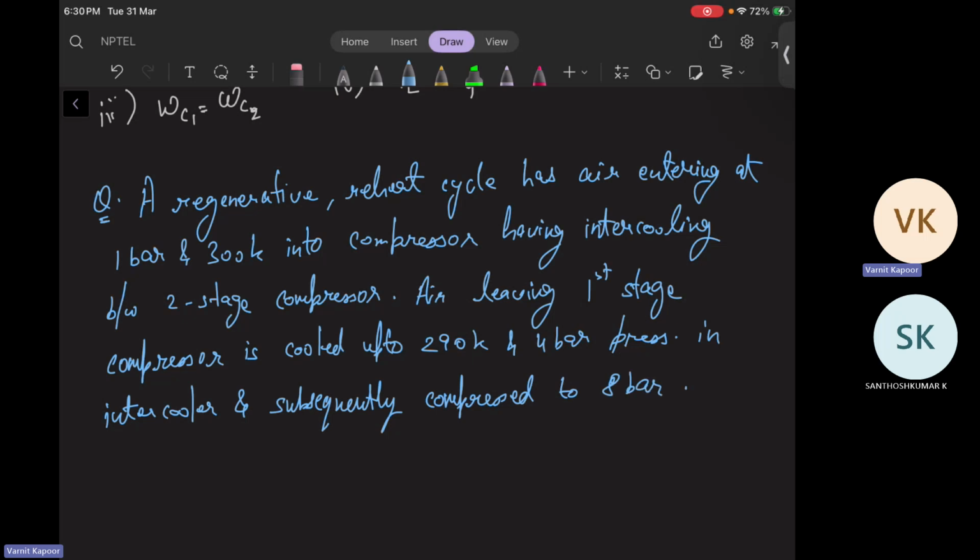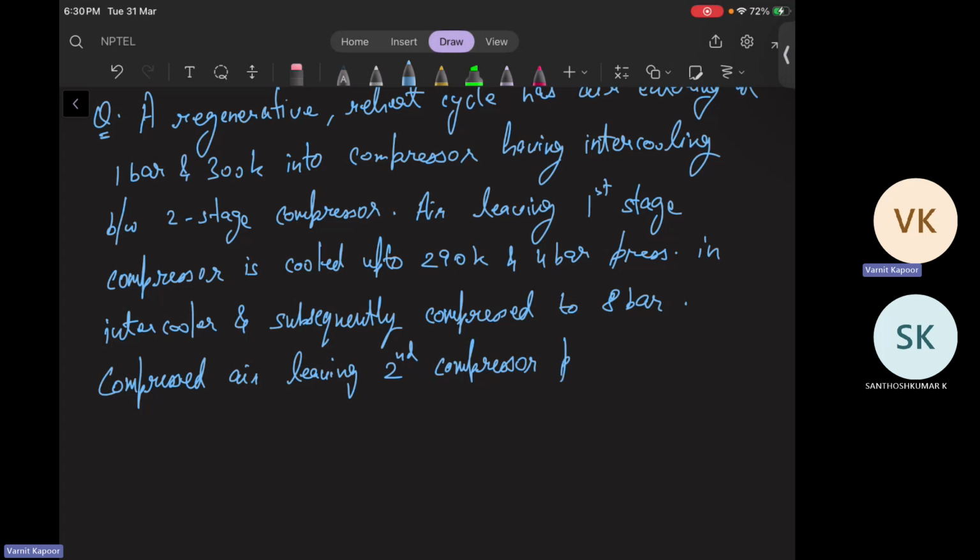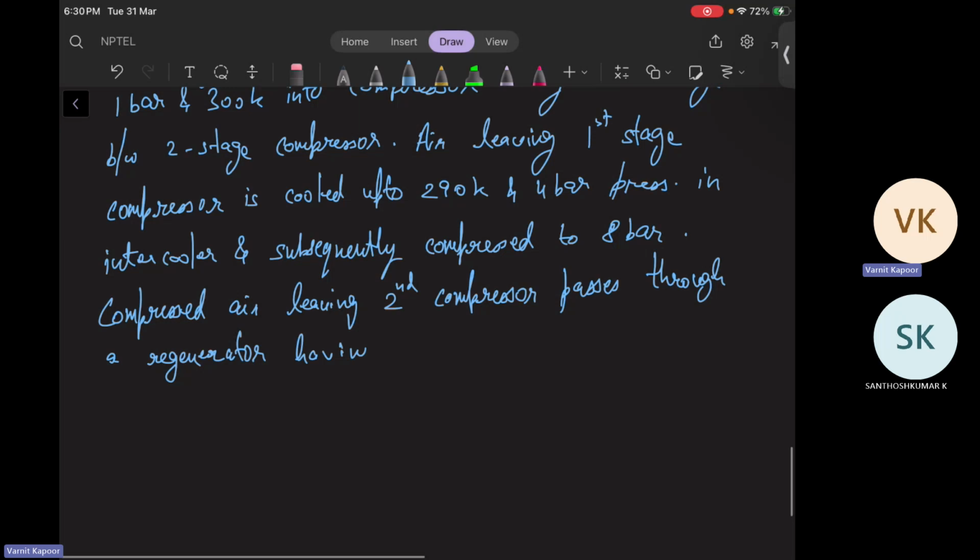Compressed air leaving the second compressor passes through a regenerator having an effectiveness of 80%.